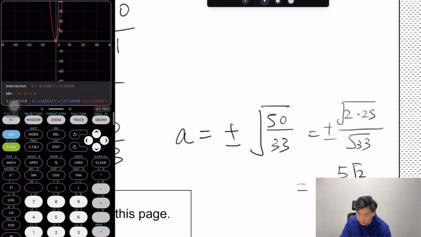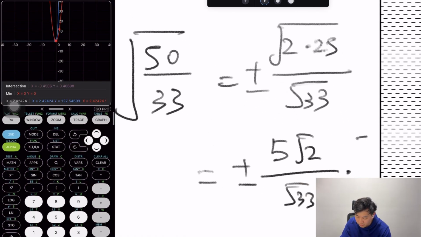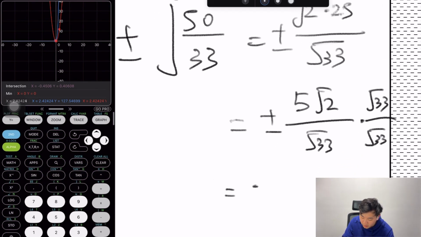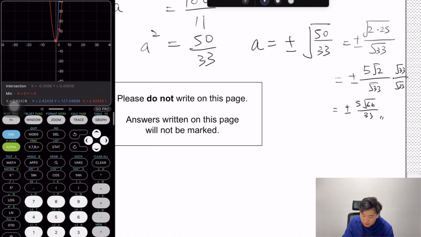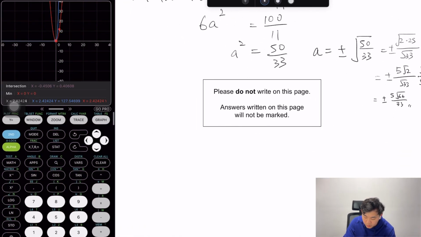And then you conjugate it, times root 33 over root 33, which is plus or minus 5 root 66 over 33. Okay, that's the A. So that means your answer W could be what?